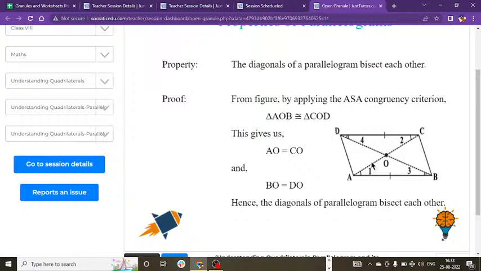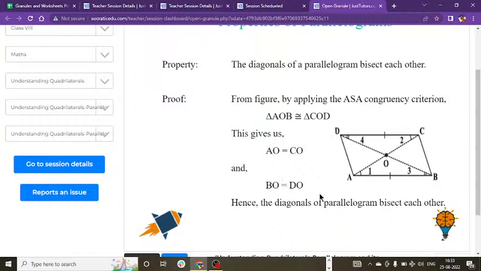So we get triangle AOB congruent to triangle COD. These angles are also equal. So AO is equal to CO and BO is equal to DO. That is why the diagonals of a parallelogram bisect each other.